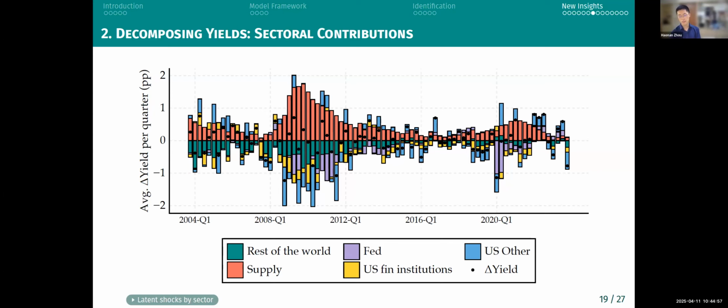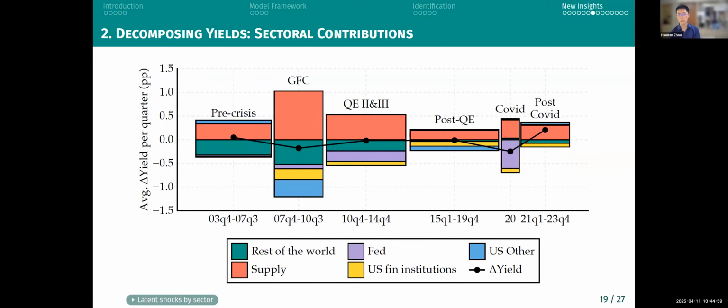So as you can see, for the sake of clarity, we combine it into specific episodes, and you can very clearly see that before the crisis, rest of the world investors are the most significant compressor of treasury yields. So on average per quarter, their contribution to the yield compression is around 0.4 percentage points. But after 2015, their role in terms of compressing yields substantially declined.